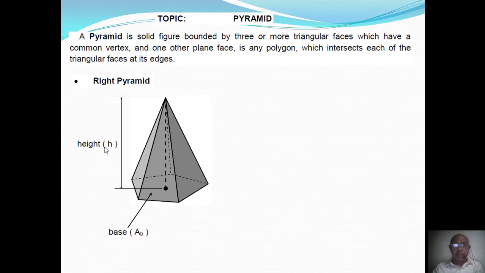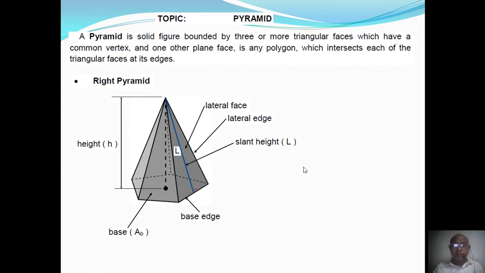Then we have here the base. Then we have the base edge. We have the lateral edge. We have the lateral face. Then we have what we call the slant height. So the slant height is the perpendicular distance from the edge of the base to the vertex.